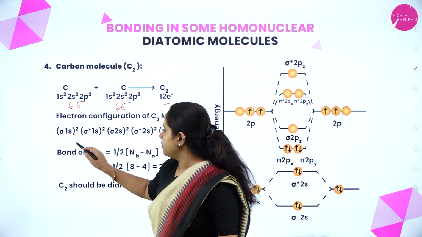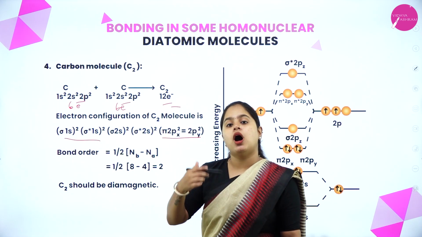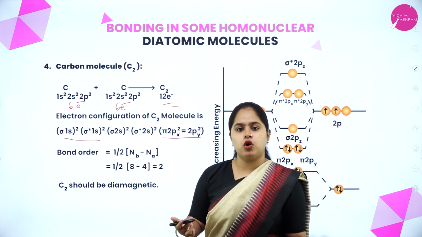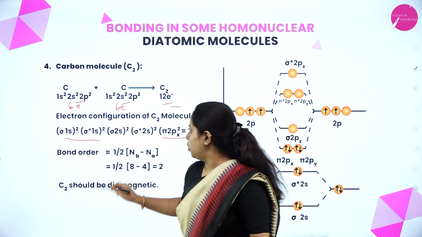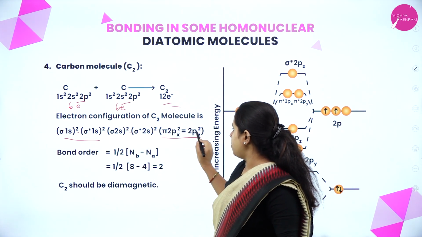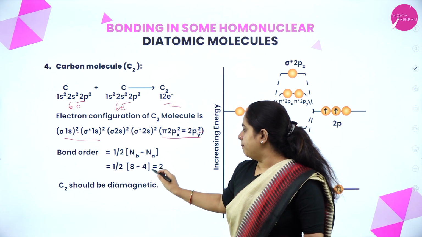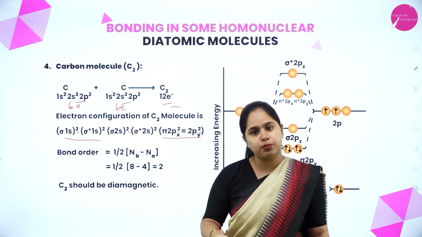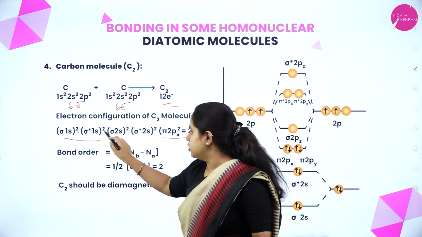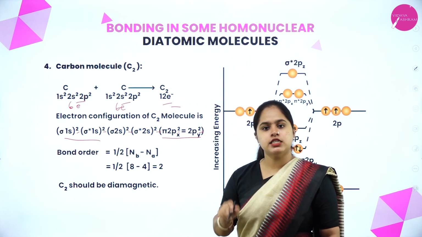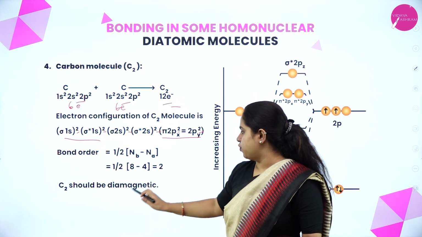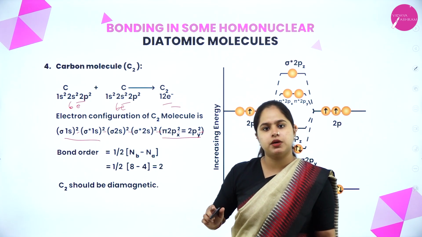So including that here, how many electrons are in bonding molecular orbitals? It is 2 plus 2 plus 2 plus 2, that is 8 electrons total, right? 8 minus the number of electrons in anti-bonding molecular orbitals. That is 2 plus 2, that is 4. 8 minus 4 is 4. 4 divided by 2 is 2.